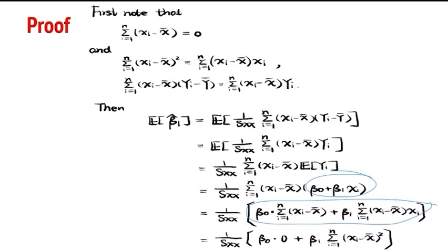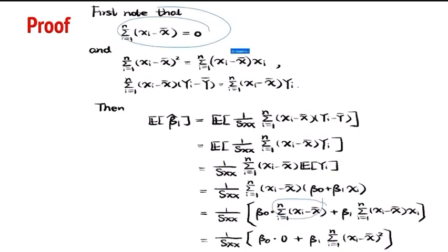And after doing that, take a look at this. Under the assumption, the sum of square deviation equals 0, and that is how I got the 0 here. If you take a look at this term here, it's the same as that, right? Now, if I rewrite, this term is going to be 0.